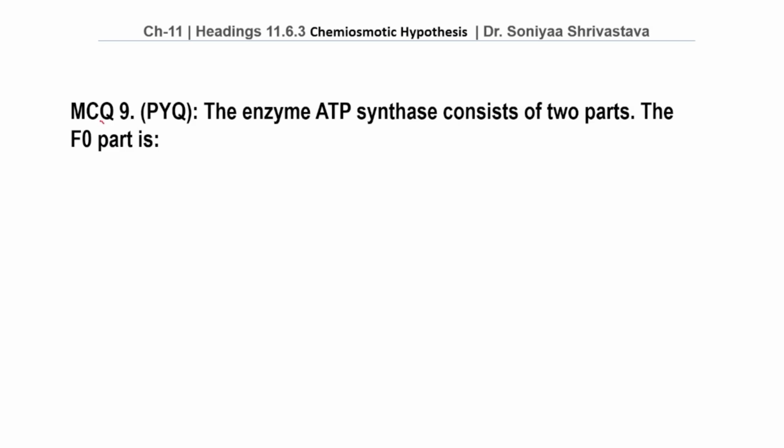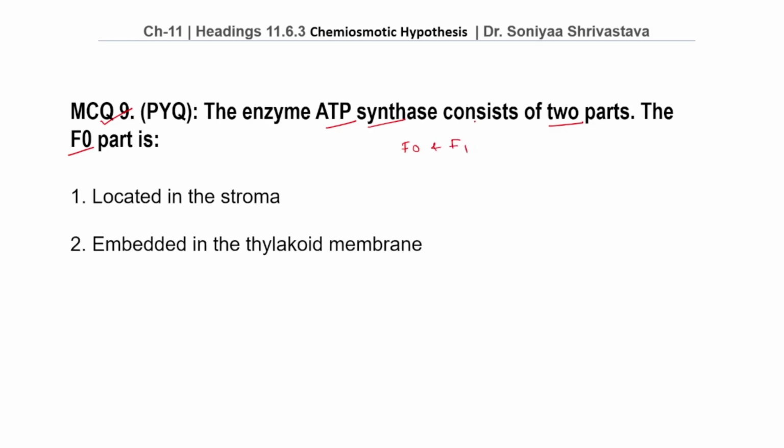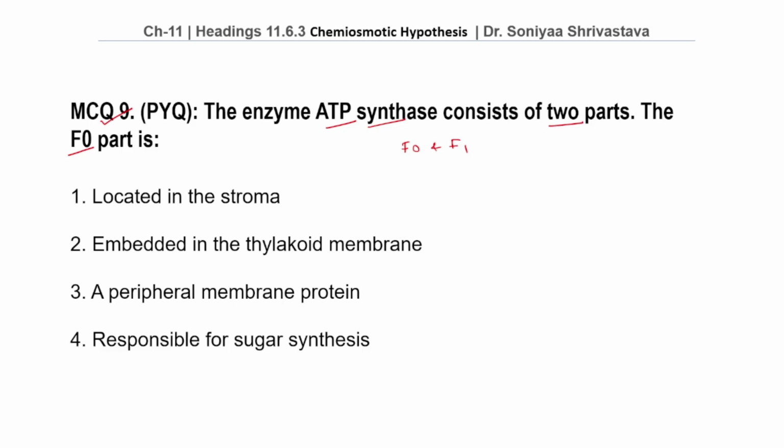Moving on to MCQ number 9. The enzyme ATP synthase consists of two parts. The F0 part is... Student, in the previous question, we have already seen that ATP synthase has two parts, that is F0 and F1. Now before coming to the options, let's again revise our concept. We have already seen the stroma, that is the fluid filled matrix.